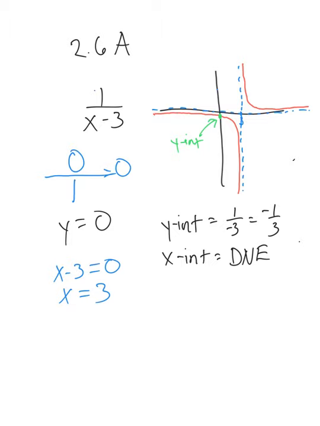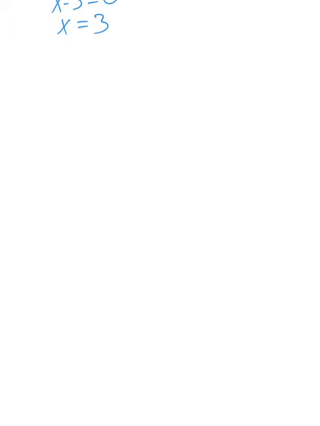Let's do another quick example without having to graph. What if we had x plus 2 over 2 minus x? If we first want to know our horizontal asymptote, we have an x on top and an x on the bottom.